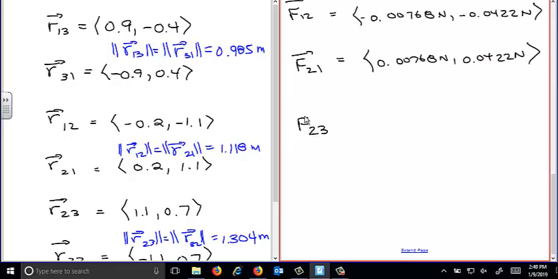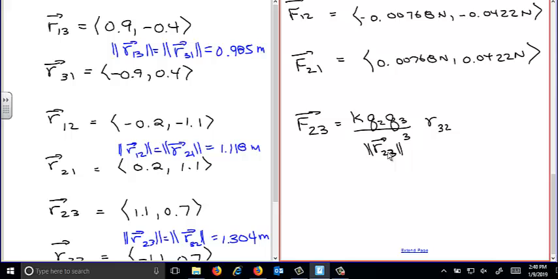Okay, and then finally we have F23. That's the force on charge 2 due to charge 3, equal to K Q2 Q3 divided by the magnitude of the R23 vector cubed, times R32. I could have had this as 32.